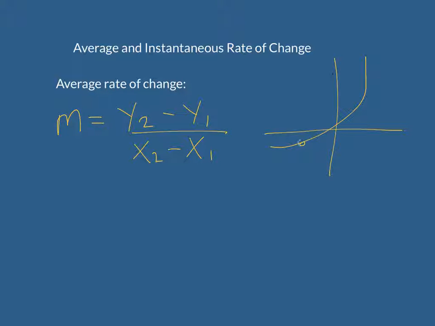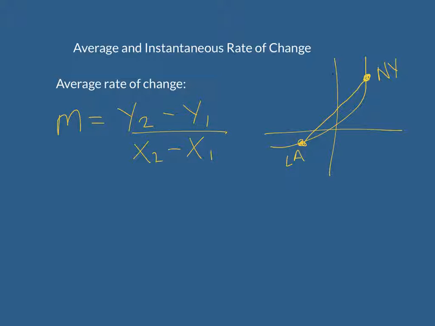Here, if we have a graph and we have 2 points on our graph, let's say that this was our Los Angeles and this was our New York. The average rate of change is the slope of the line between our start value and our finish value. So we have to find our x and y for my first value, and our x and y for my second value.